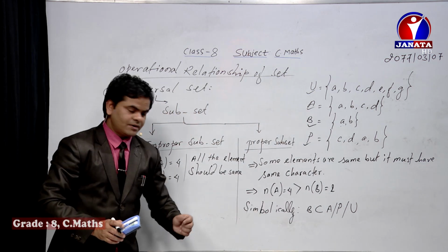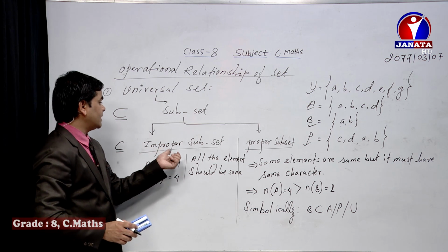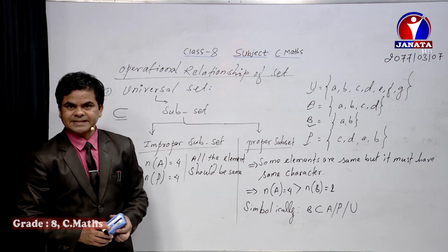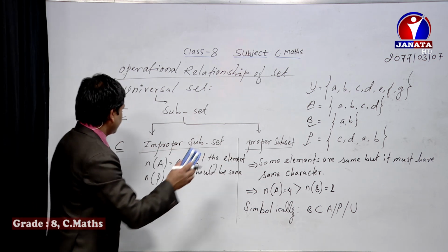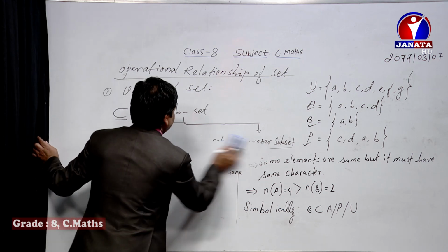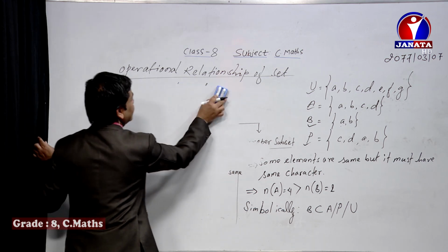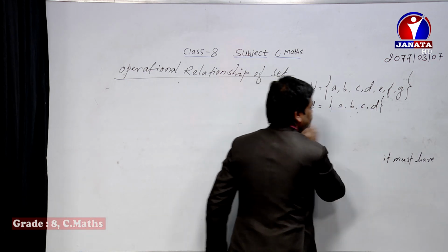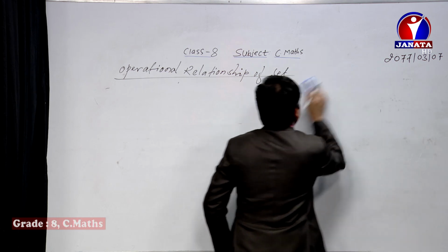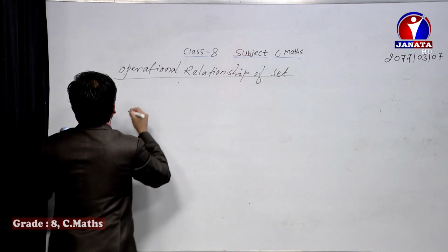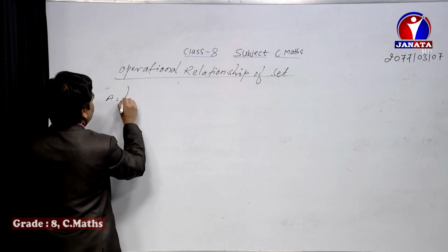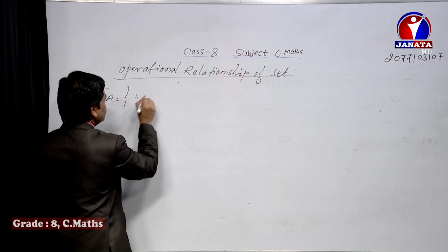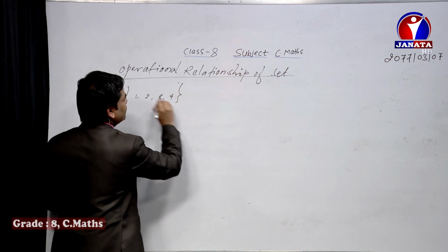So I hope that you have understood the difference between the improper subset and proper subset. Now let's take another example as well, dear friends, so that you will understand in a clear way by taking an example. For example, a set A has elements 1, 2, 3, 4, just 4 elements.